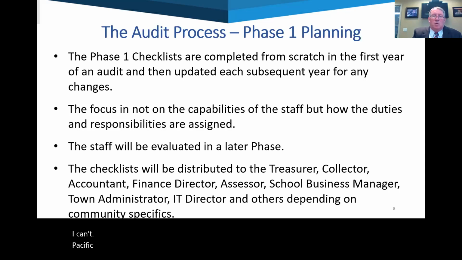Not everybody has a water fund or a sewer fund or an enterprise fund. Everybody has a general fund if we're just looking at treasurers and collectors as we go through. But if you're doing another type of municipality, a sewer district or a water district, etc., the checklist will be tailored to that particular environment and given that understanding as we went through, we would pass along those particular checklists.